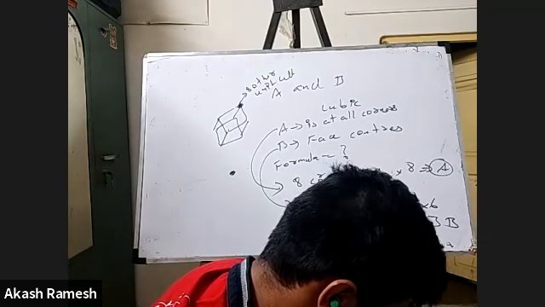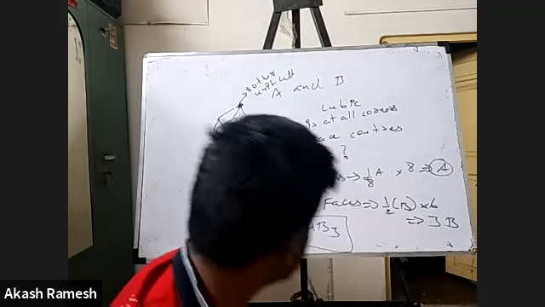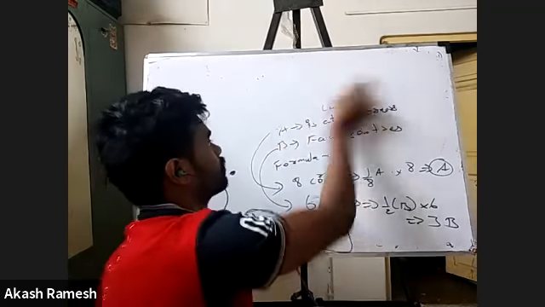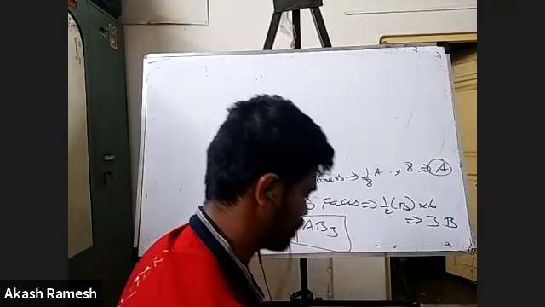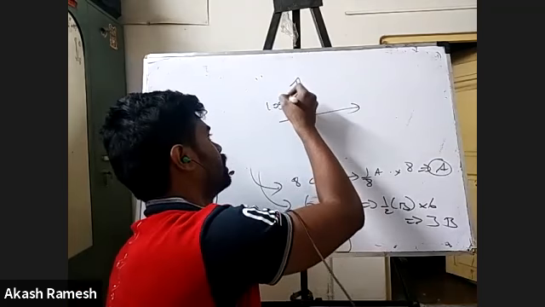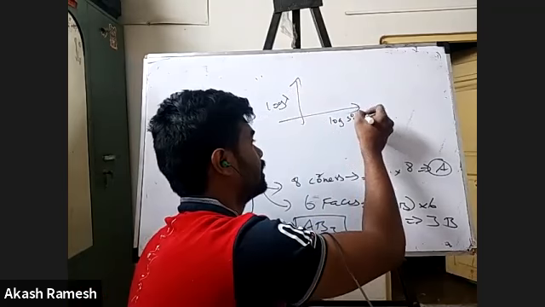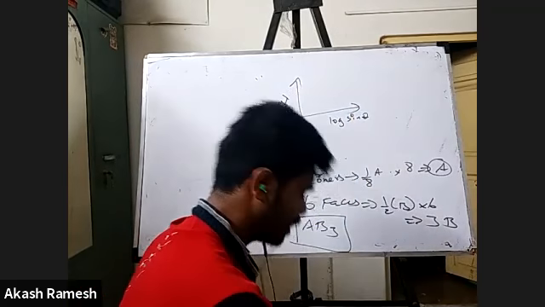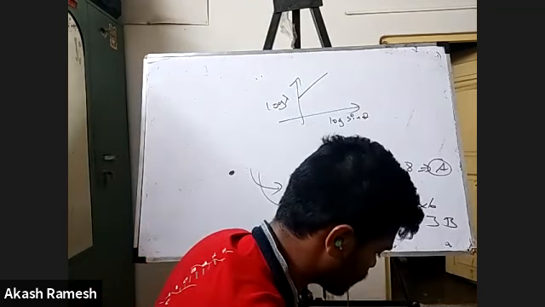Next question. Next question is this. I have a graph between log of lambda and log of sine theta, and I have a line like this.